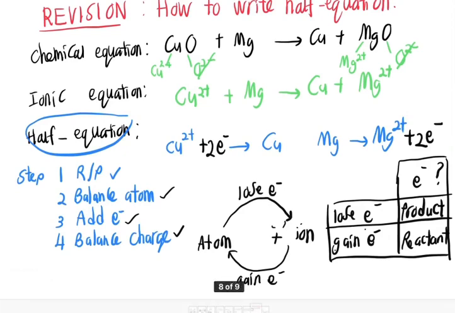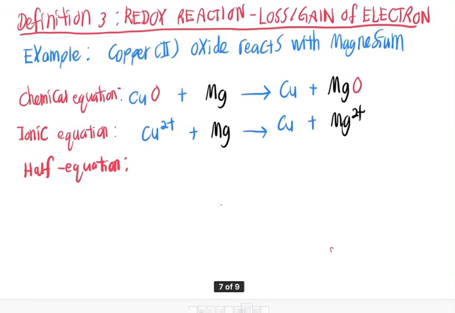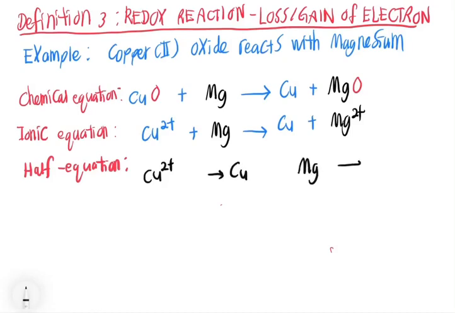So going back to our previous slide, on the half equation, we can write that Cu2 plus becomes Cu and Mg becomes Mg2 plus.